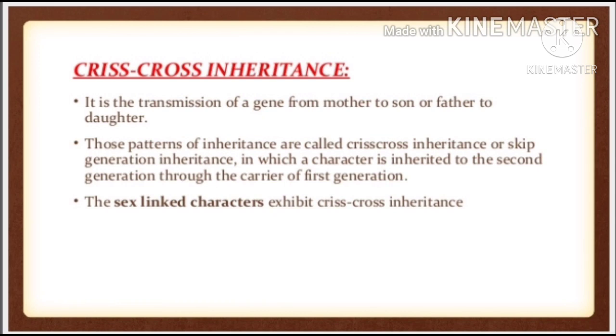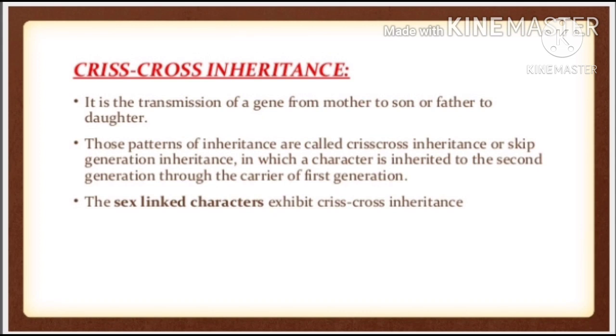So, as far as crisscross inheritance is concerned, when a character is transferred from mother to daughter or from father to son, such a type of character cannot be called crisscross inheritance. If you want to call that particular character crisscross inheritance, it should be from a father to daughter or from a mother to son.